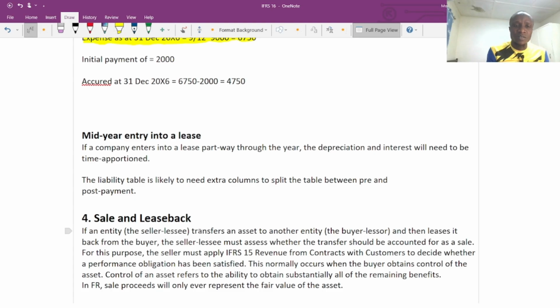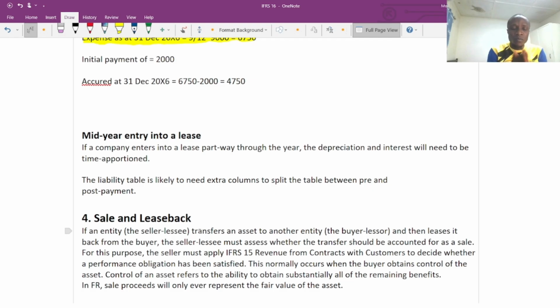If a company enters into a lease partway through the year, the depreciation and interest will need to be time apportioned. The liability table is likely to need an extra column to split the table between pre and post. Nothing to worry about. You just need to calculate your liability and your depreciation and prorate it, calculate your interest and prorate it.